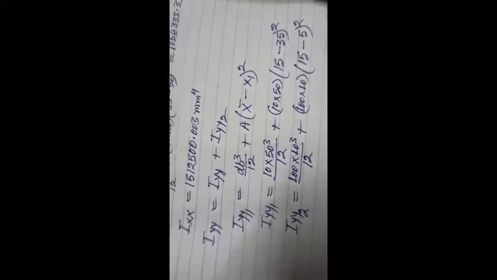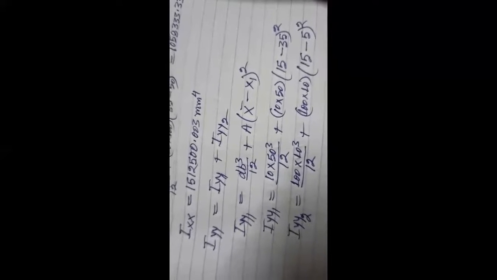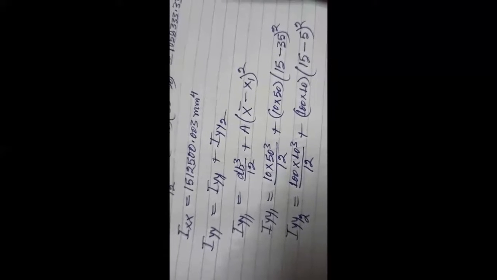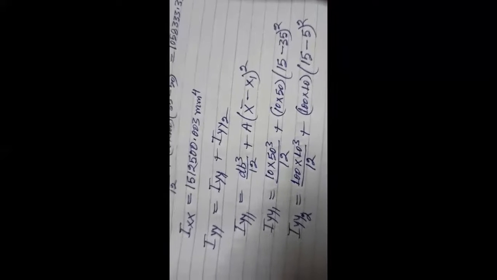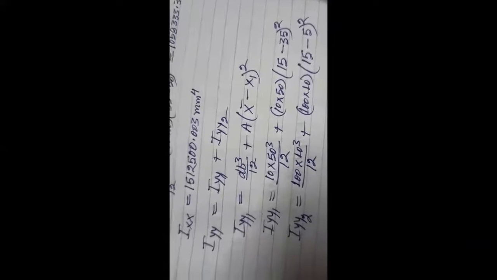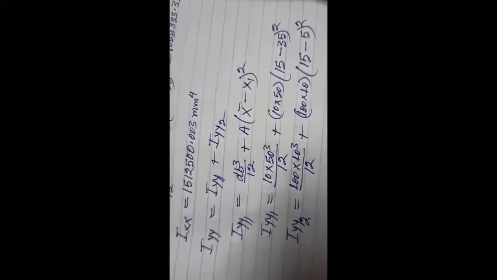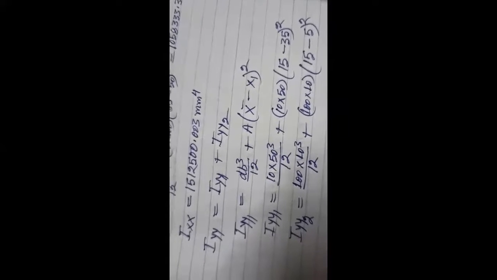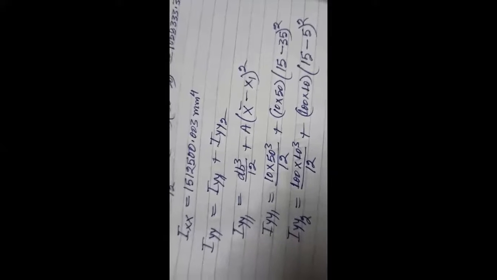So on calculating, this will be equal to 10 into 50 cube divided by 12 plus within bracket 10 into 50 into 15 minus 35 bracket closed square.